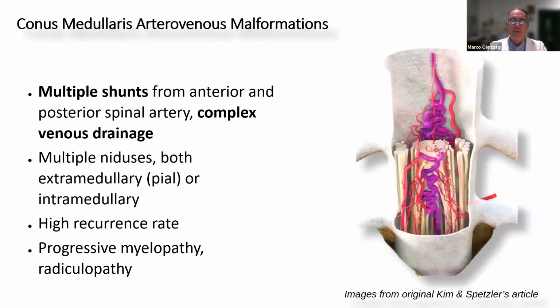They can have multiple shunts. They can have a complex venous drainage. They can have multiple nidus. The problem is that they cause a progressive myelopathy as the dural fistula, engorging the venous side, or they still can bleed.